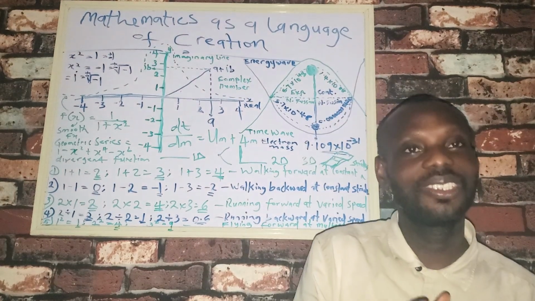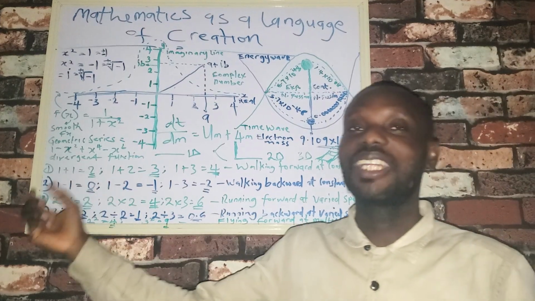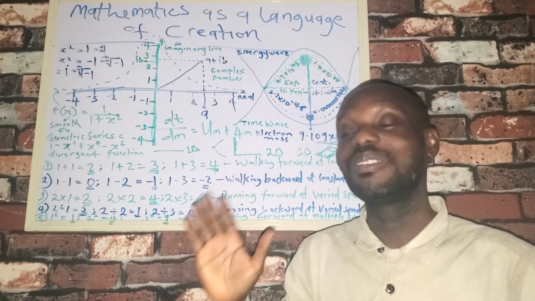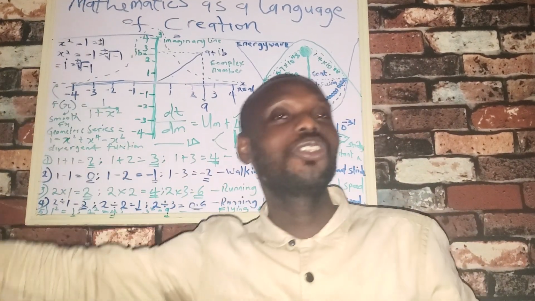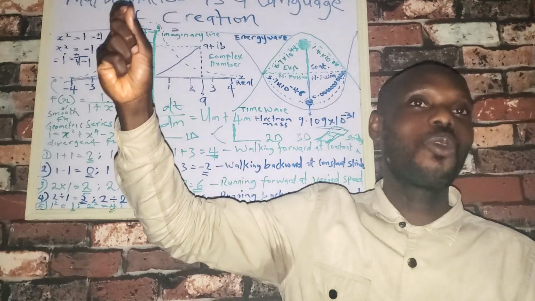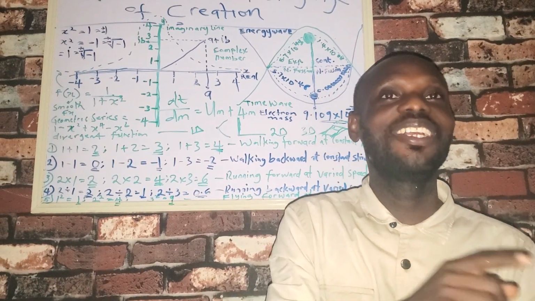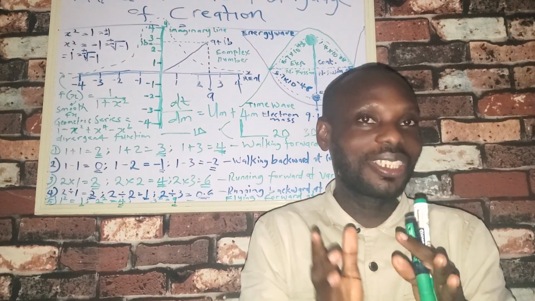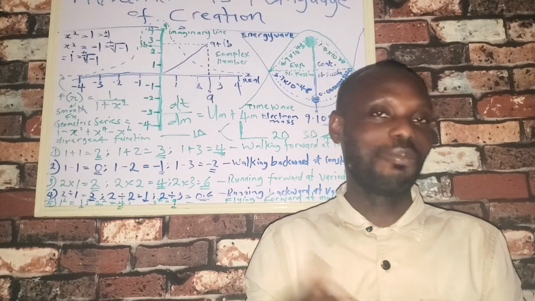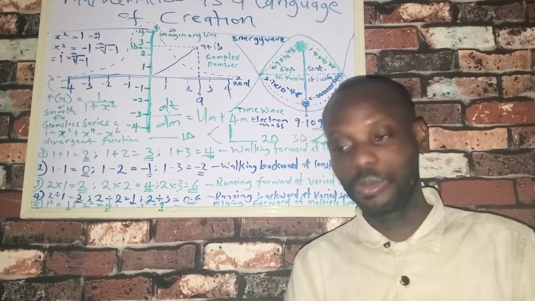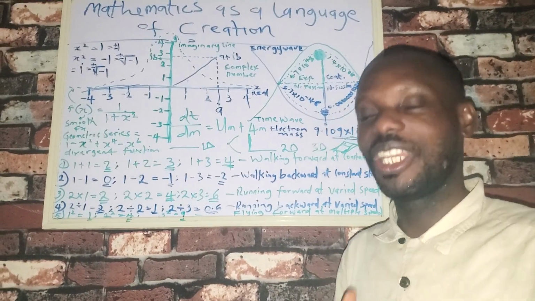So mathematics, though we may say abstract, based on the fact that it comes before its application, and based on the fact that when you are trying to balance an equation, you just get one integer from nowhere and multiply both sides by that integer to balance the equation. Things like that may let us see mathematics as being abstract. But in real sense, we know that mathematics is the language of creation.